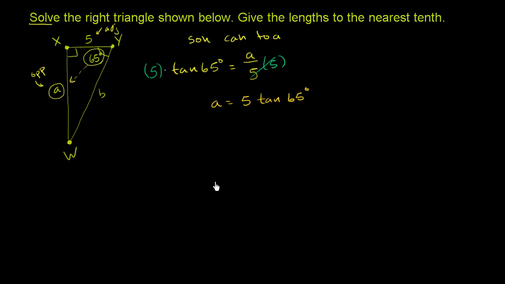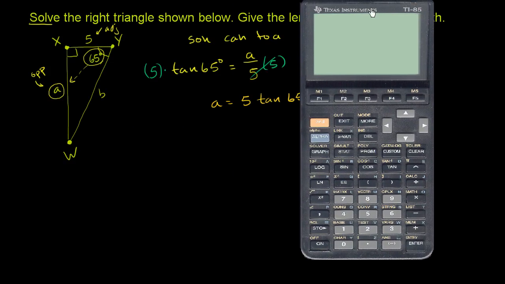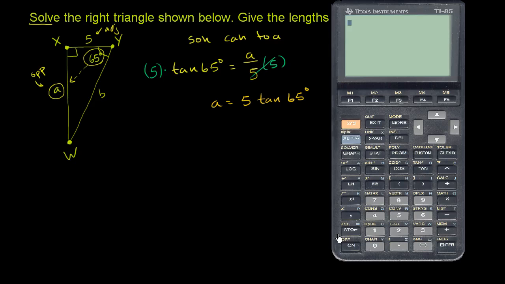So now we can get our calculator out and figure out what this is to the nearest tenth. Get my handy TI-85 out, and I have 5 times the tangent, just the regular tangent, of 65 degrees.